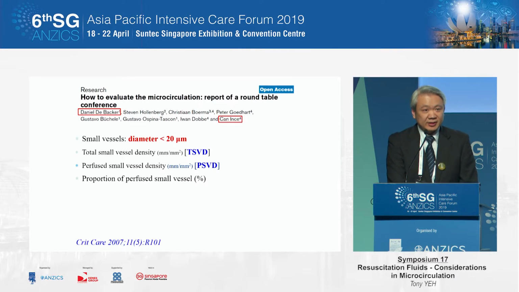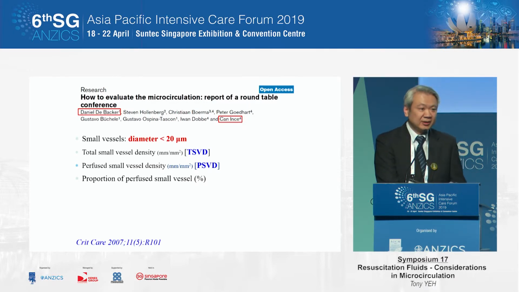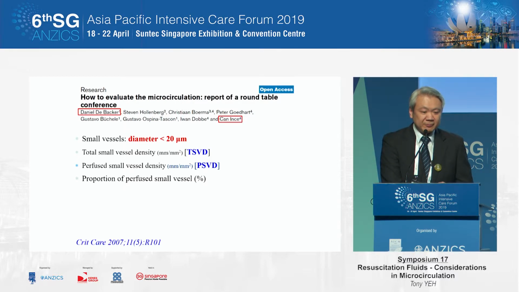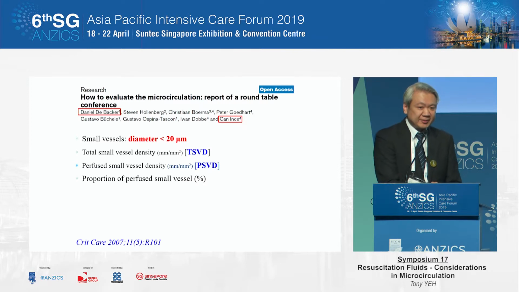So it is easy to get the total small vessel density. By today's knowledge, it can be automatically analyzed by software. But the perfused small vessel density is the limitation today because it needs a research nurse to define the flow of each vessel. So that's semi-automated.